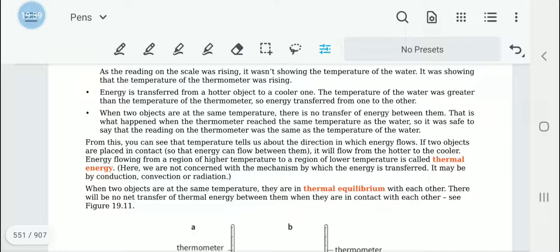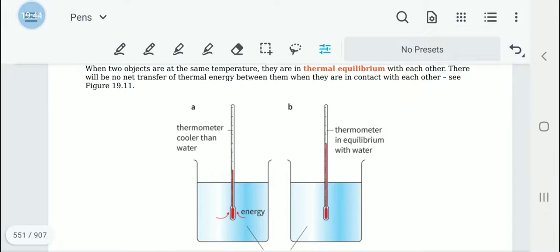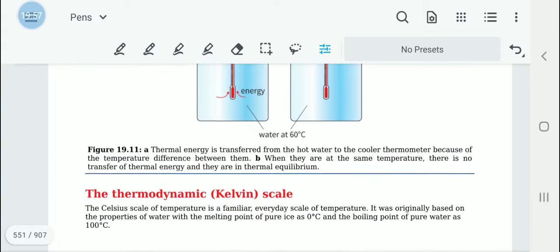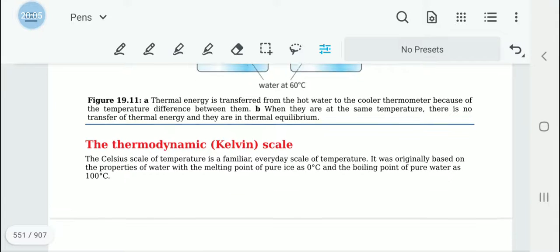This is known as thermal energy transfer. If the two objects are at the same temperature, they are said to be in thermal equilibrium with each other, and there is no net flow of thermal energy between the two.